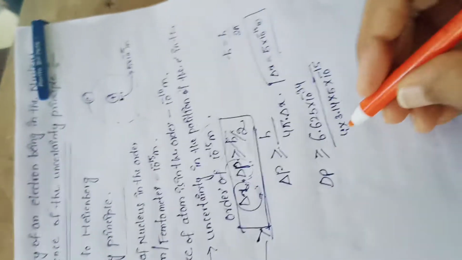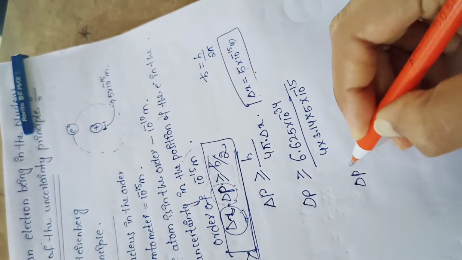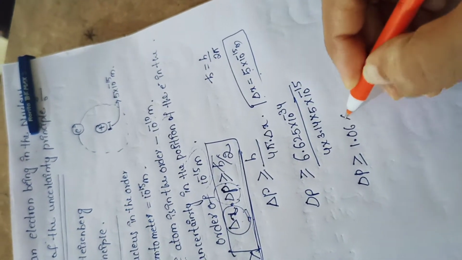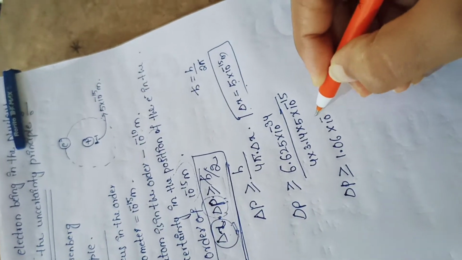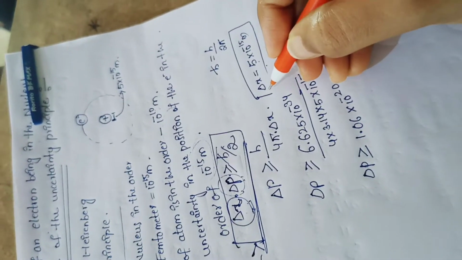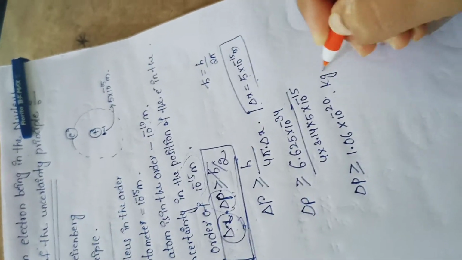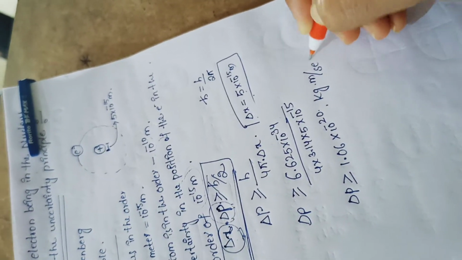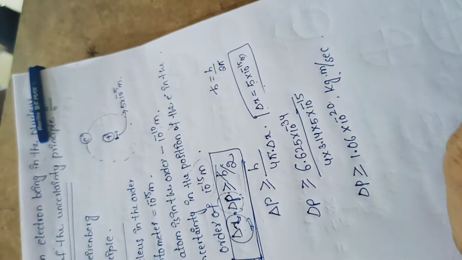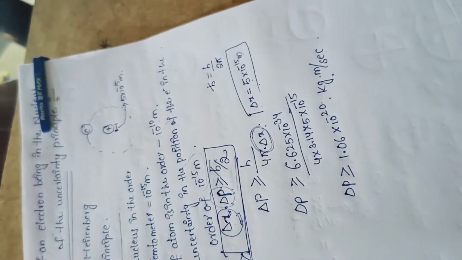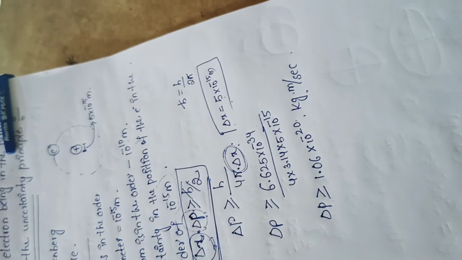If you calculate this entire value in the calculator, you will get delta p greater than or equal to 1.06 into 10 to the power of minus 20. What are the units here? The units are kg meter per second, because position means meter.